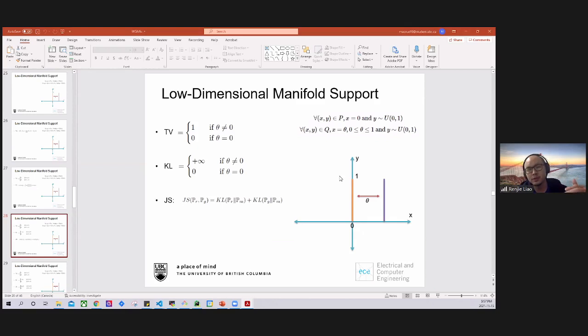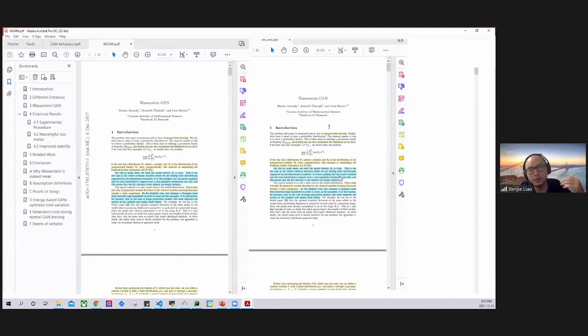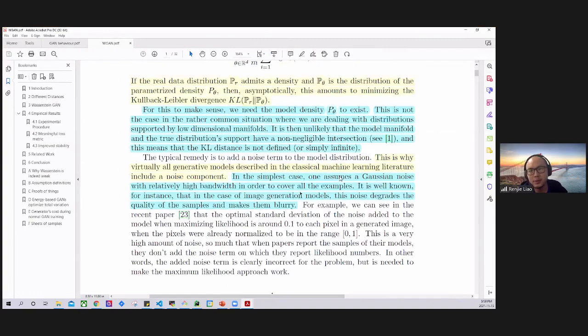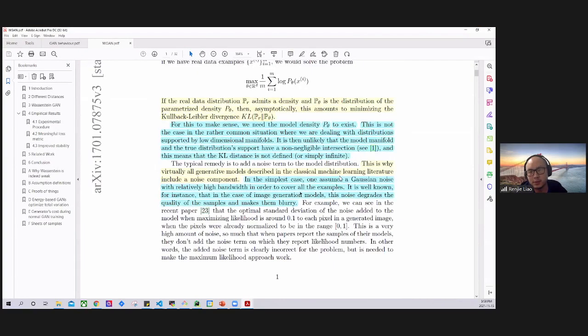In the extreme case, if I add a lot of variance to the image, then the image contents will disappear, and the image becomes completely noise. In that case, the density is just a Gaussian, bell-shaped density, and the KL divergence should be relatively easy to compute for that.